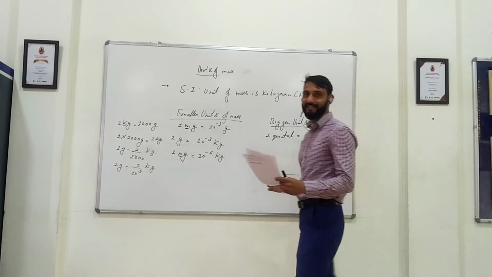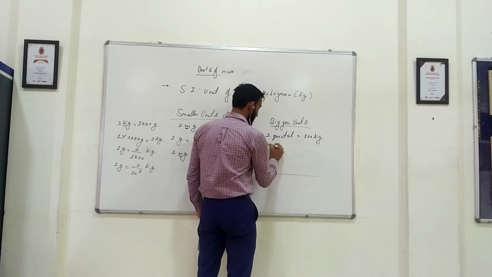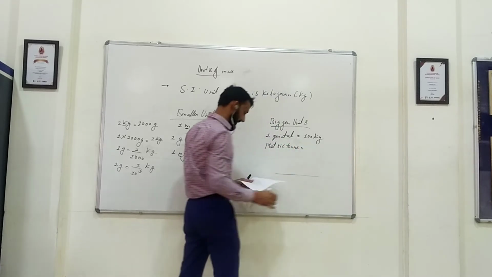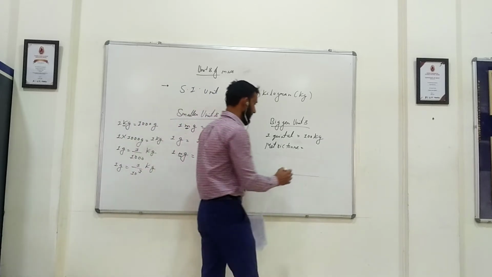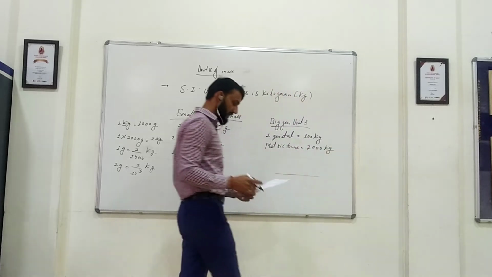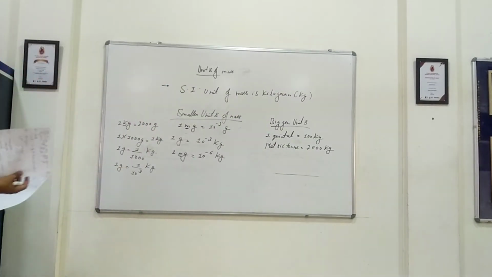Then you have metric ton, MT they call it. It is equal to 1000 kg. Metric ton is 1000 kg, right? That is the bigger unit of mass. Okay, that is it for mass.